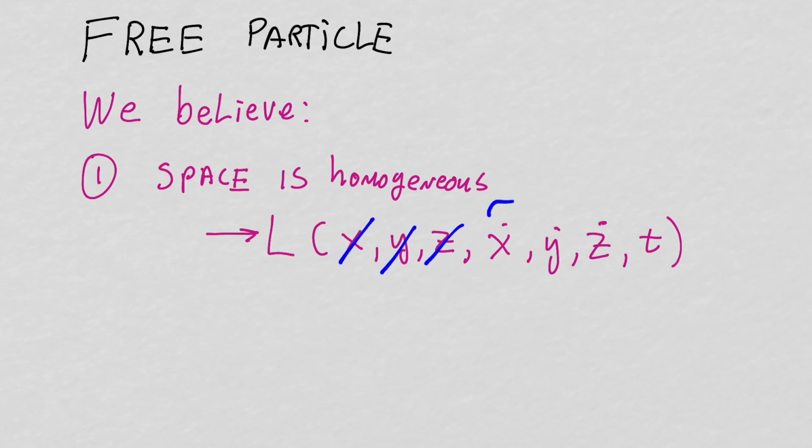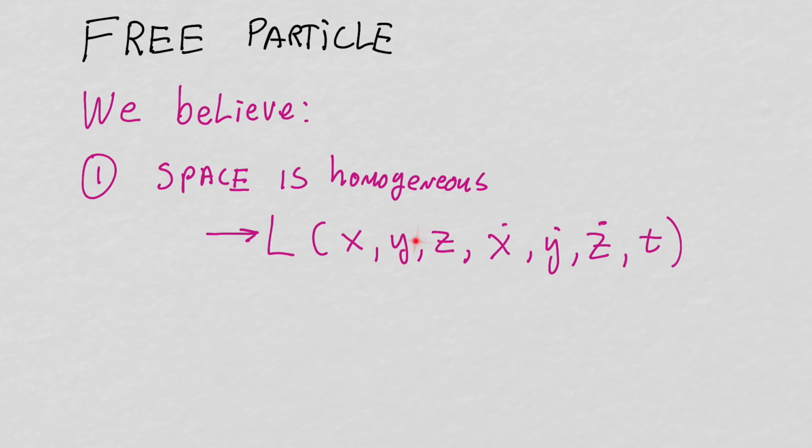It can only be a function of velocities, because we assume that space is homogeneous. That is the first thing that we learn because we believe space is homogeneous. This is a physical assumption that we're making. We're going to find a Lagrangian based on that physical assumption, and then find the action functional and hope it works.